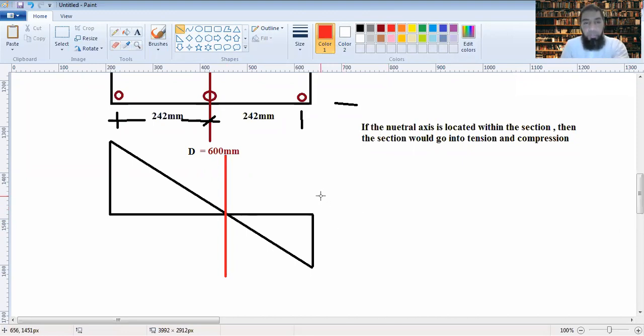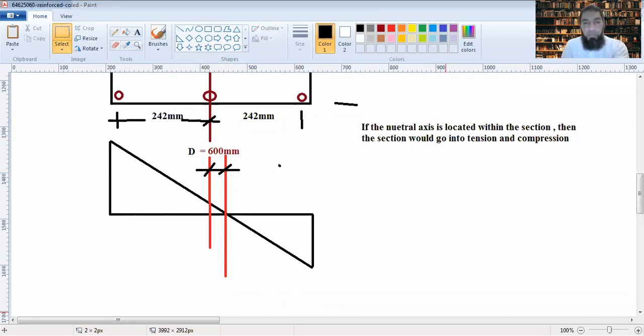So this is what you mean by eccentricity. First of all, this is how you get the eccentricity. Eccentricity is the distance here from the center of this. Now from this point up till this point would be your eccentricity for this column section.